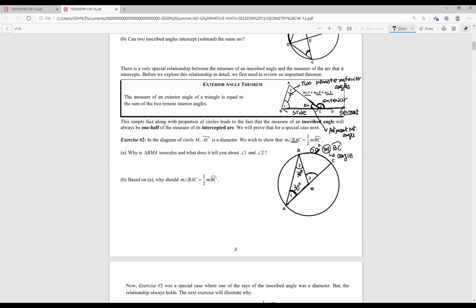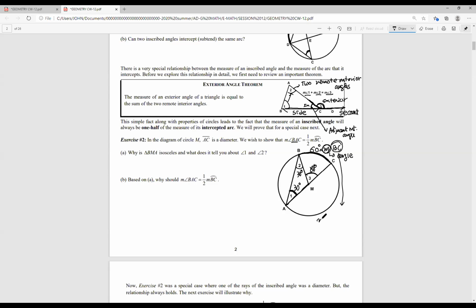That means the center angle is 60. We mark this 60 on the arc, and we say it is the measure of arc ABC. Can you see it over here?